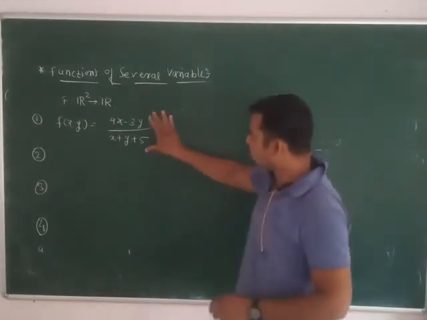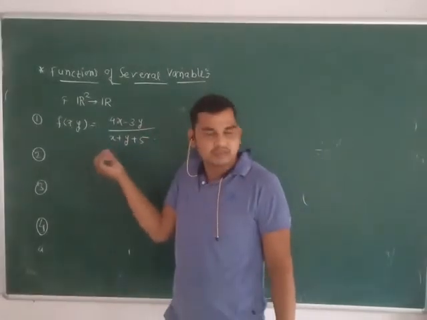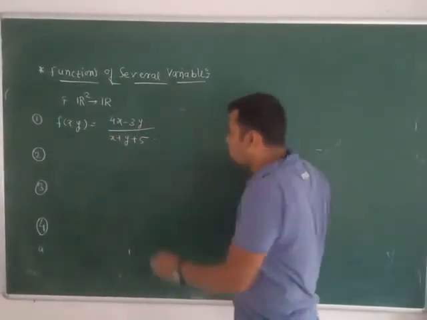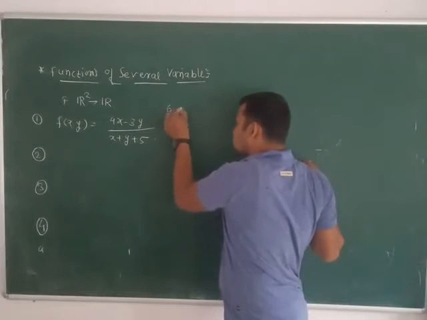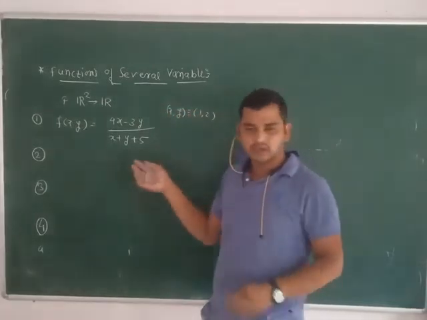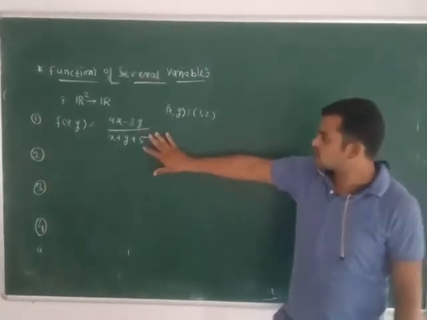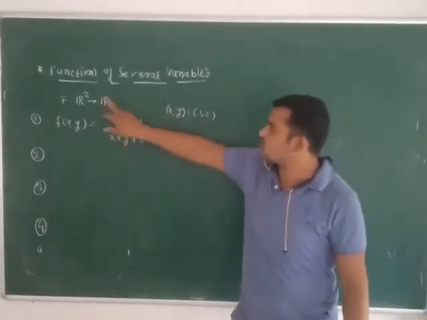Here this is a real number. If I substitute x and y by some particular real numbers, suppose the ordered pair x comma y is 1 comma 2, then this is a real number. So every time you get a real number.